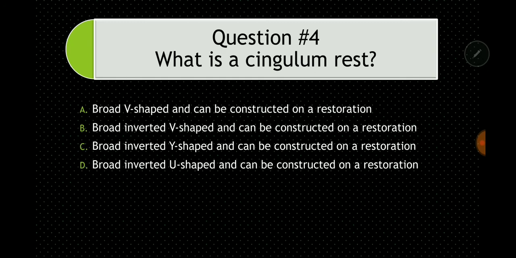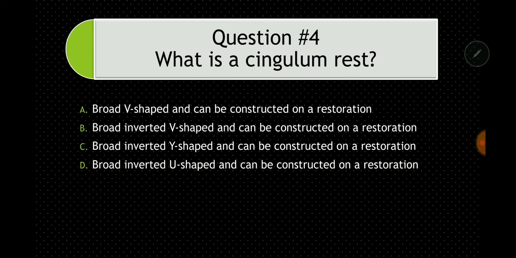So question 4. What is a cingulum rest? This is simple and straightforward, right? A, a cingulum rest is a broad V-shaped and can be constructed on a rest or restoration.